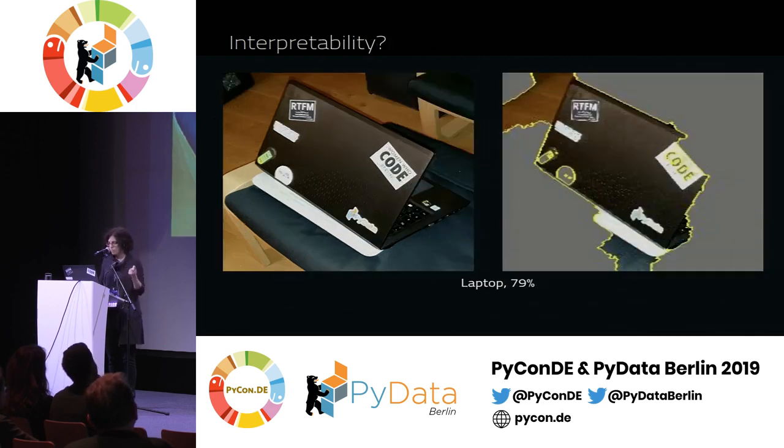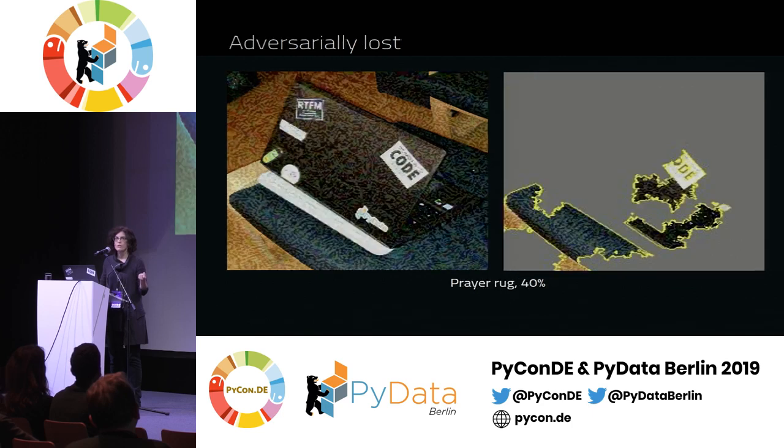But I would suggest that we actually want to go one step further, and we want to interpret these results, because what I was asking myself was, well, if the whole point of this is that there are features that I'm not looking at, what features are contributing to the prediction of my laptop when I have a healthy image, like in this case, and what is the model focusing on when I throw at it a perturbed case?